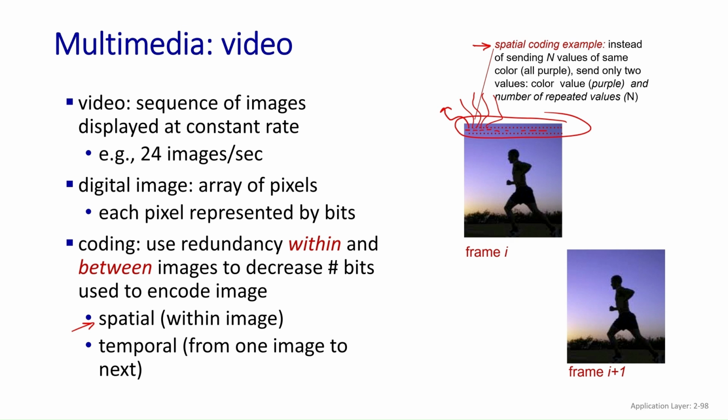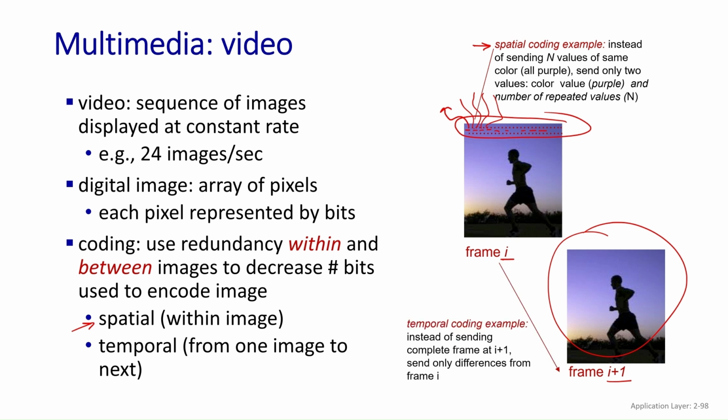That we will only send the difference between, so this is frame number I, and this is the next frame, which is I plus 1. Instead of encoding the whole frame, I will only encode the difference between the two frames. I will send the difference between the two frames, right? So temporal encoding is from one image to the next. I will only send the difference between I and I plus 1, the next image, right?